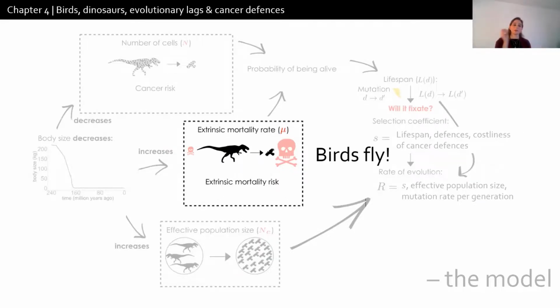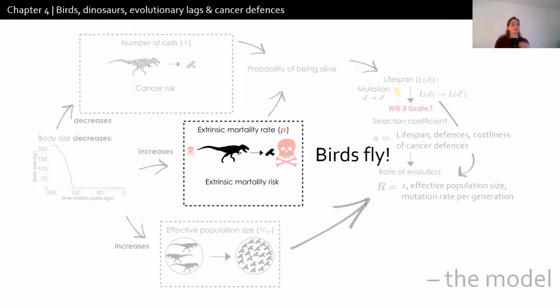But what I want to talk about next is, so I already introduced the fact that extrinsic mortality rate might increase when the body size gets smaller. But one particular thing about birds is that they fly, and flight is usually associated with longer lifespan. So it might, for instance, make it easier to escape from predators.